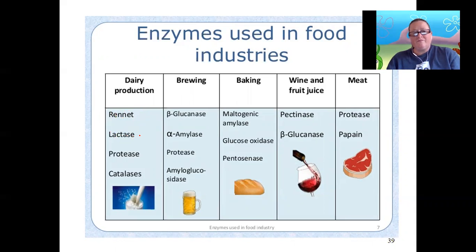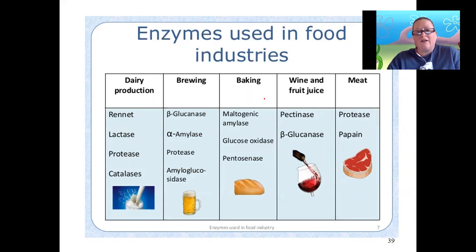Protease is a classification of enzymes that act on proteins, and catalase particularly is used for breaking down hydrogen peroxide. I'm not sure if that's the intent with this or if catalases is a category in and of itself. I'm not really sure. I'm not going to go through each of these lists because you can look at the screen.